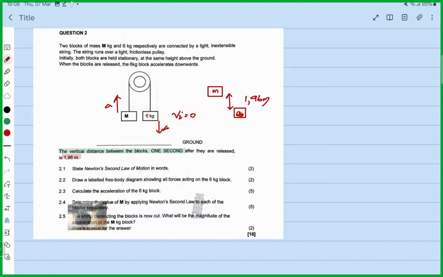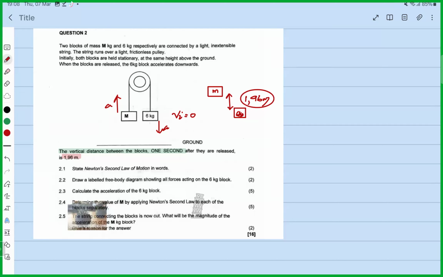1 second later, they are 1.96 meters apart. How much did each of them cover so that the distance of separation between them is 1.96 meters? Yes, sir. 0.98 meters.